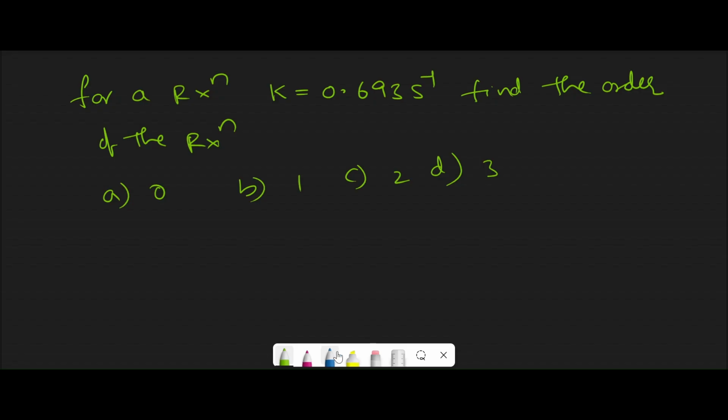Here you need to observe the rate constant units. They have given only the data of the rate constant, so based on the rate constant units you need to identify the order of the reaction. Just now we have discussed that second inverse is the unit of the first order. Clear? So the answer will be the second option. Clear?